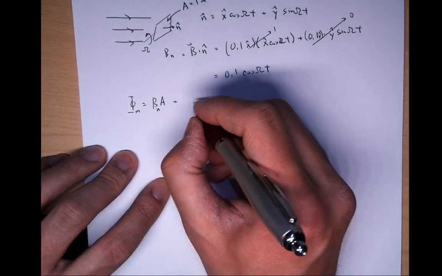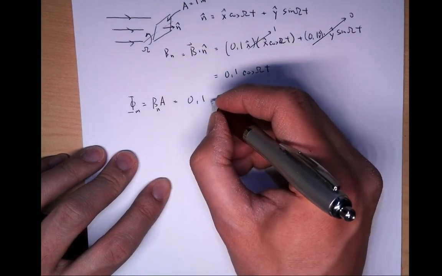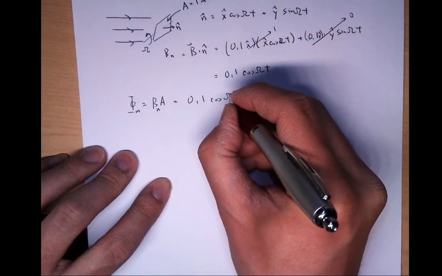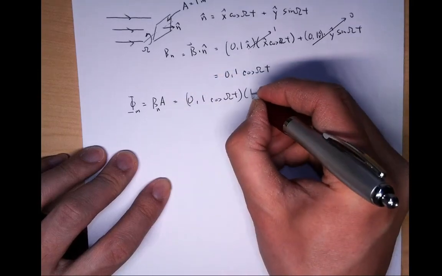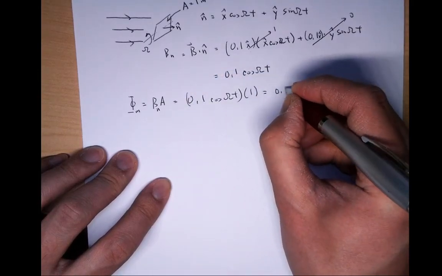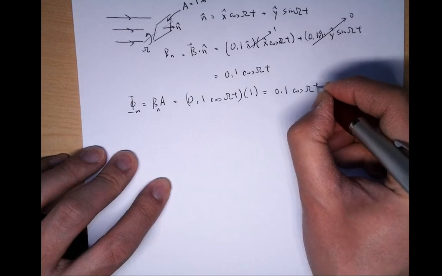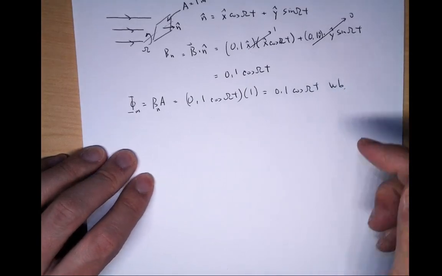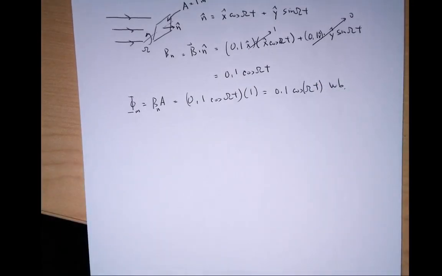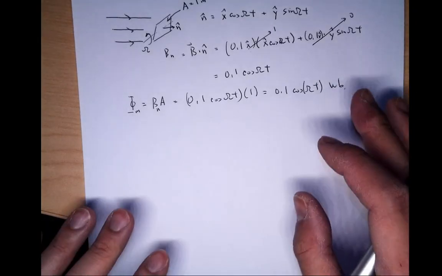So that's just going to be 0.1 cosine omega t times 1 meter squared, 0.1 cosine omega t Webers. So now we're done up to that point.